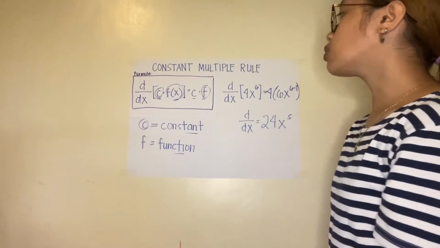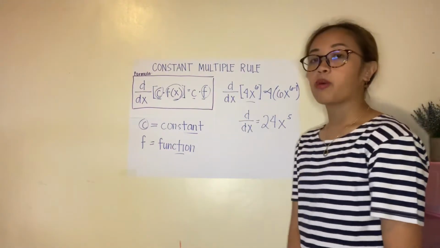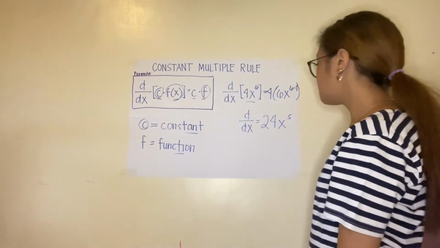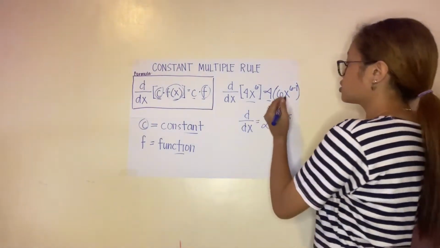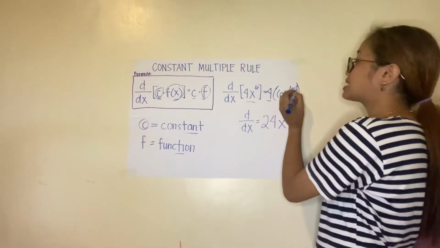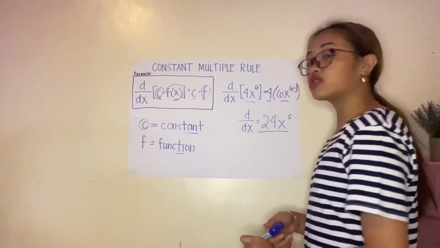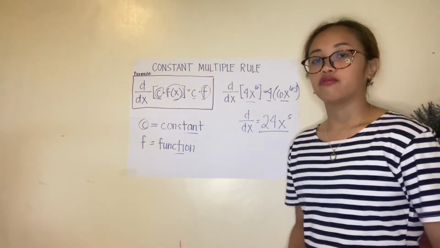An example would be the derivative of 4x raised to the power of 6, where 4 will be multiplied to 6x raised to the power of 6 minus 1. Our answer would be 24x raised to the power of 5.